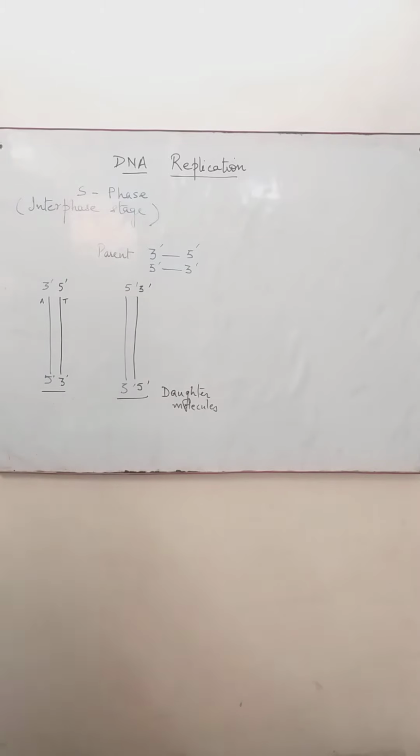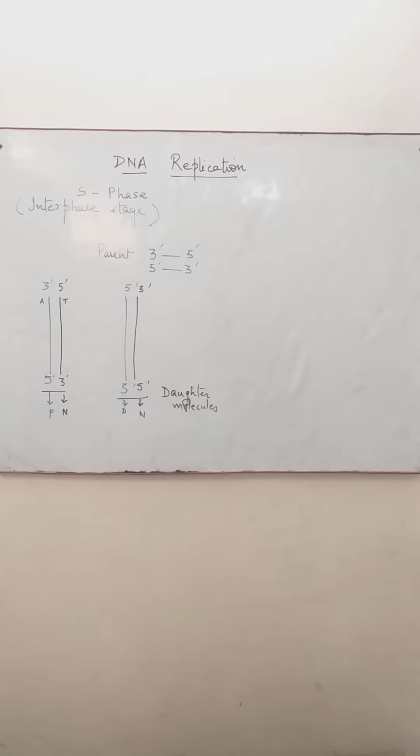Since in each of the daughter molecules, one strand is derived from the parent, and this one is the new one, right? Same way over here, this is N, that is N for new, and P is for parent. So we have one strand from the parent and one strand completely synthesized new as a complement to that of the parent.